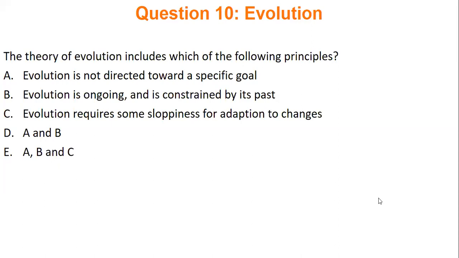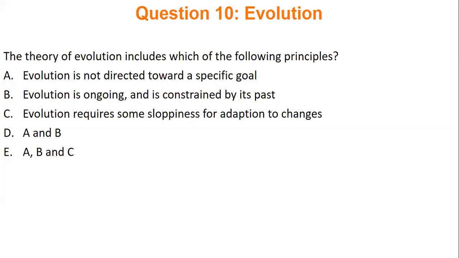Share results. So yes, it is A, B, and C. So evolution is not, well, how to put this? There is no ultimate goal for evolution. It's nice to think that humans are the be-all, end-all organism, but we are still evolving somewhat.